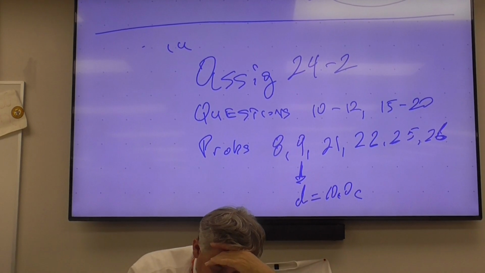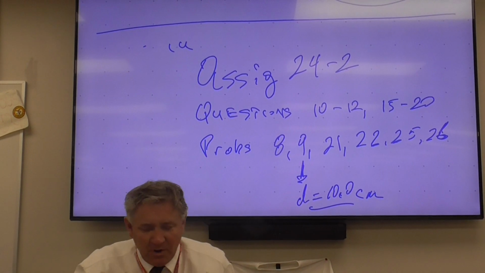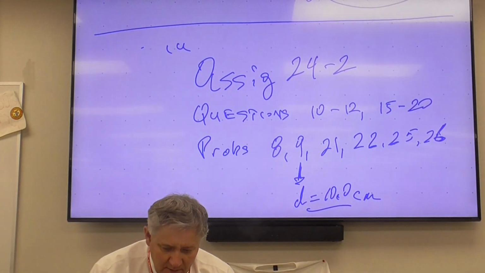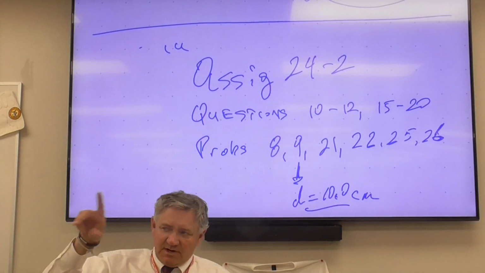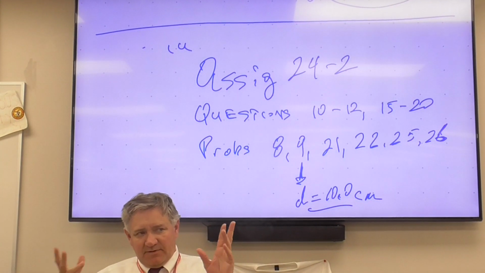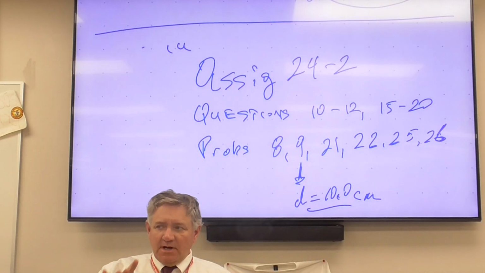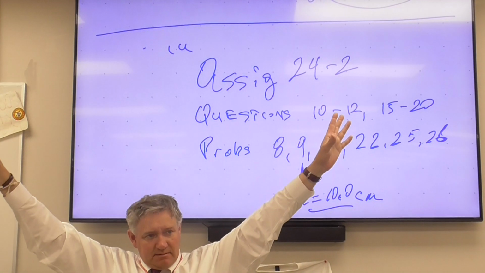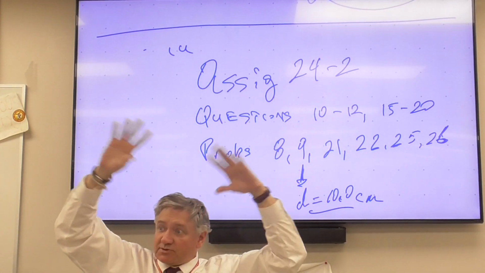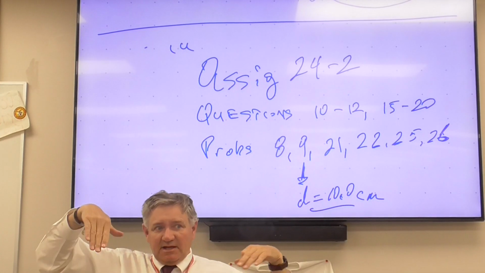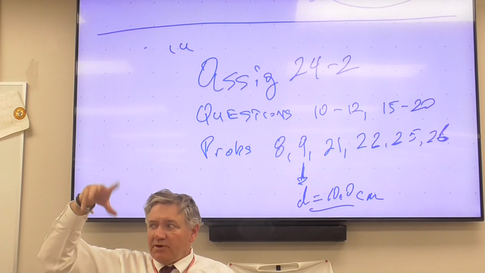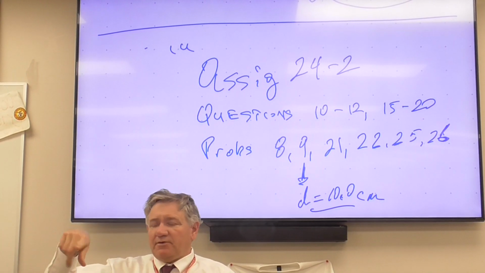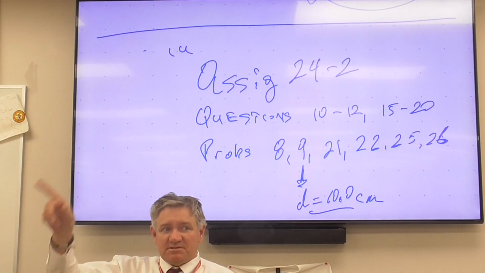We've already done all of this. Basically, when you get to problems 8 and 9, what you're doing is finding the strength of a magnetic field, knowing the distance from a wire. Number 8 will make sense when you read the question. It's a big, high voltage electrical transmission line, and you're standing underneath it. You're trying to find the value of the magnetic field, then compare it to the Earth's magnetic field.